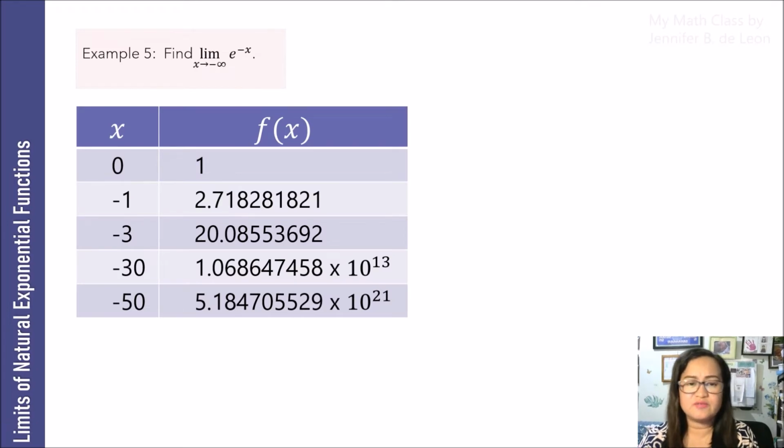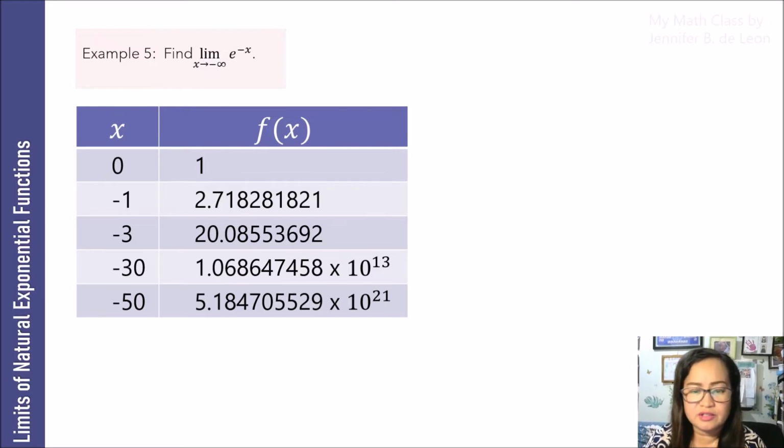Since the value of x approaches negative infinity, that means the value of x decreases without bound. So we choose from 0, then we have -1, -3, -30, -50, and so on. Then we have the corresponding values of f of x.